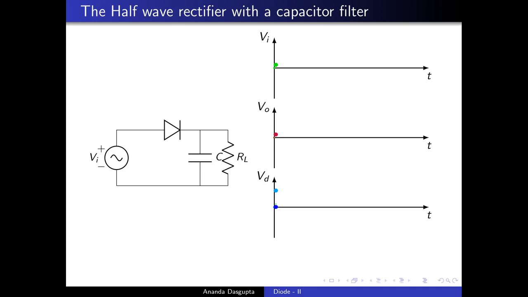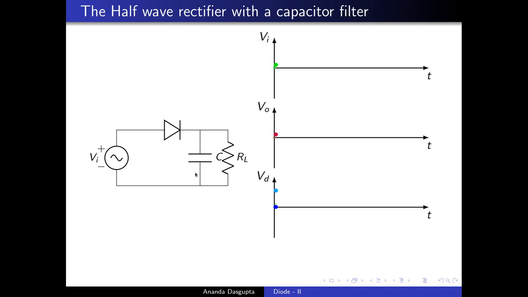At the very beginning, of course, the capacitor has no charge in it, so no voltage difference here. So the entire voltage essentially gets dropped here, which means a rather large current is going to flow through the capacitor. Notice the diode right now is forward biased because Vi is positive. And if we assume an ideal diode, which is what we are going to do for this part of the course, at least for the rest of this video, then there's no voltage drop across the diode in the forward direction.